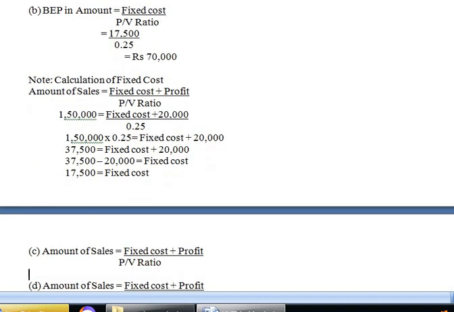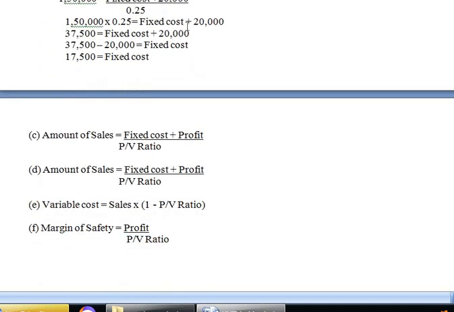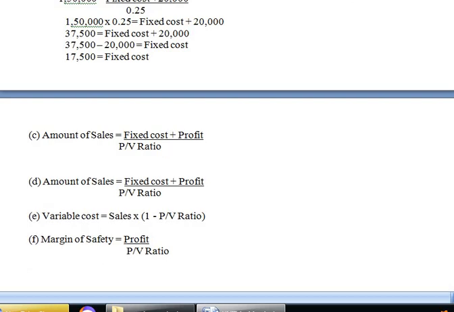Now third point, what they have asked. The sales required to earn profit rupees 40,000. Like previous one, same, we need to solve this also, like in previous problem we have solved this particular point. And that is equal to fixed cost, already we have calculated, 17,500. They have told when profit is 40,000, how much will be your sales?